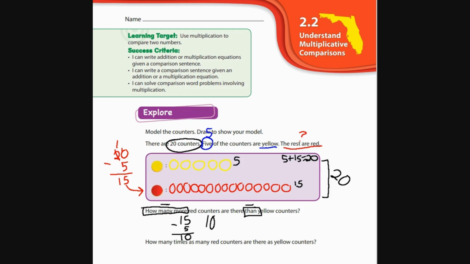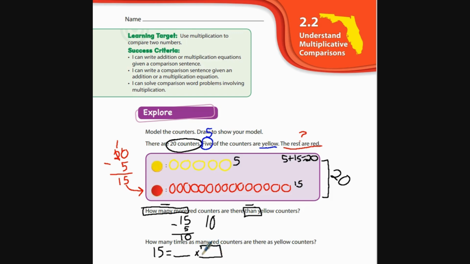Now, I'm going to jump to the second one so that we understand where this multiplication kicks in. Watch this. It says, how many times as many red do we have? We have 15 red. So 15 is, and I need to figure this part out.